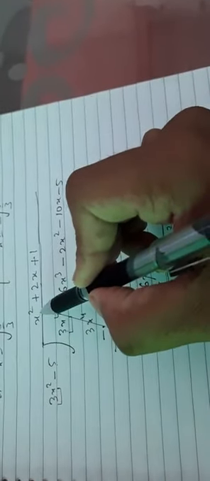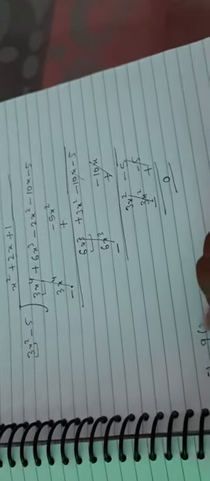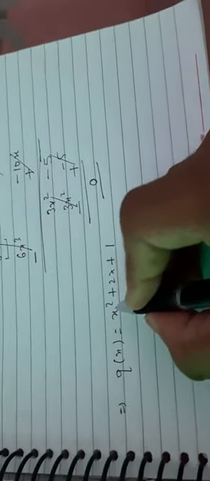Now what we have to do: your quotient is x square plus 2x plus 1. After dividing p(x) by 3x square minus 5, we get x square plus 2x plus 1. So this implies quotient q(x) equals x square plus 2x plus 1. We have to factorize this by splitting the middle term.